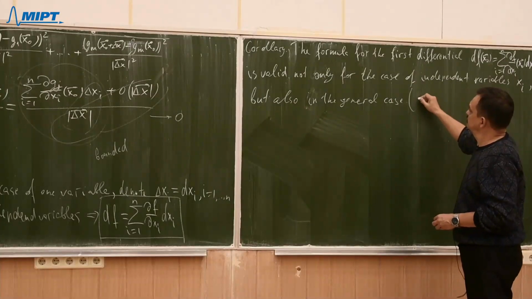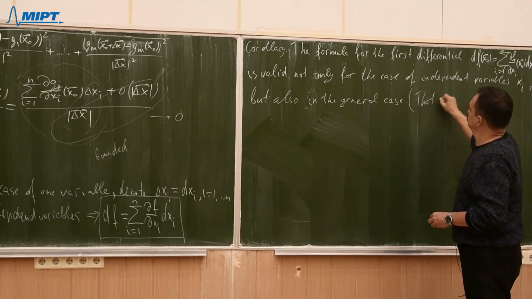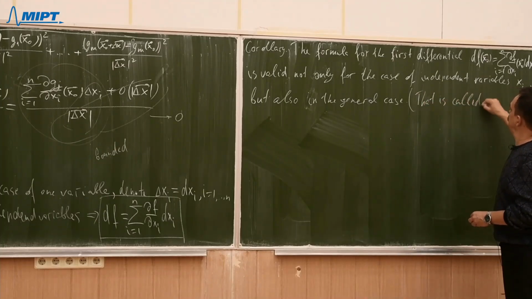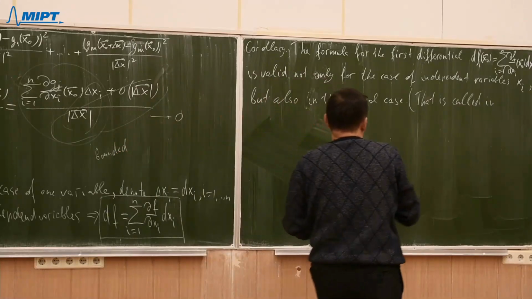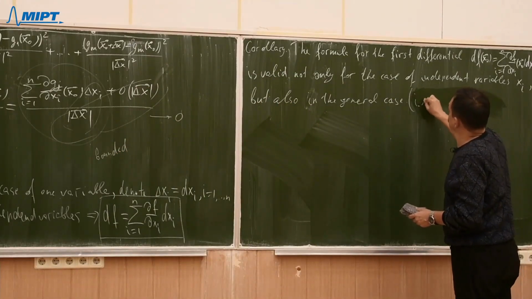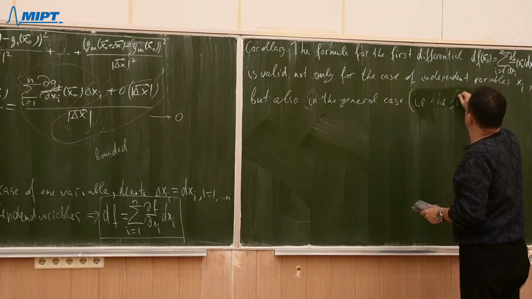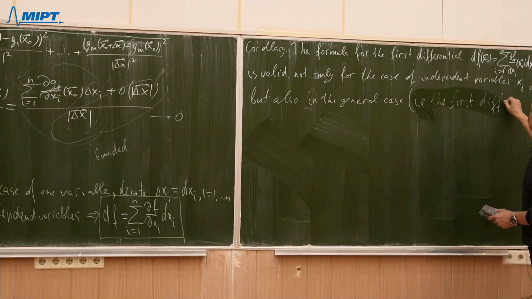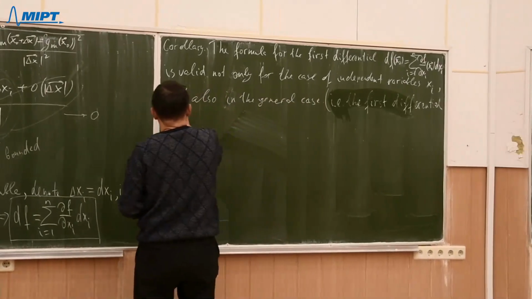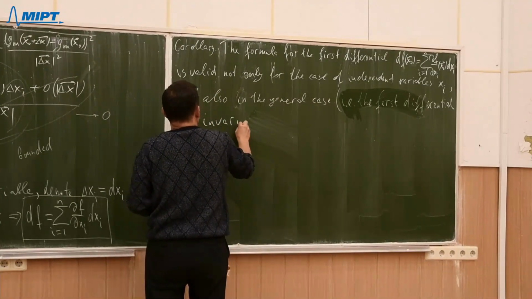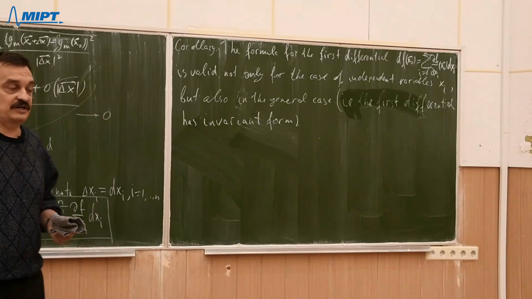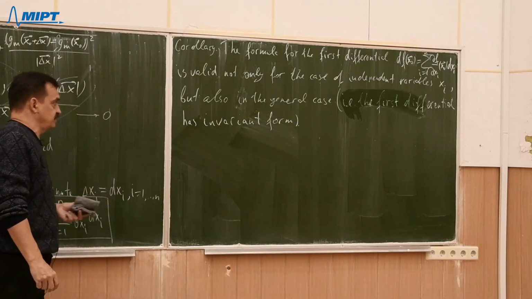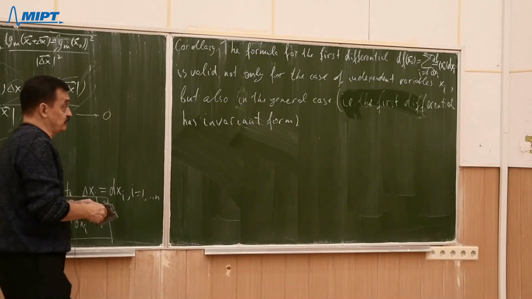That is, the first differential has invariant form. This property was valid for functions of one variable, and now you see it is valid for functions of several variables as well.